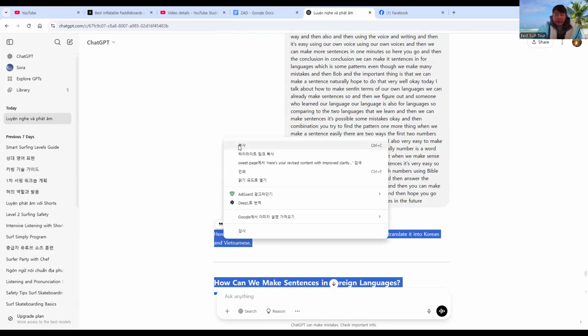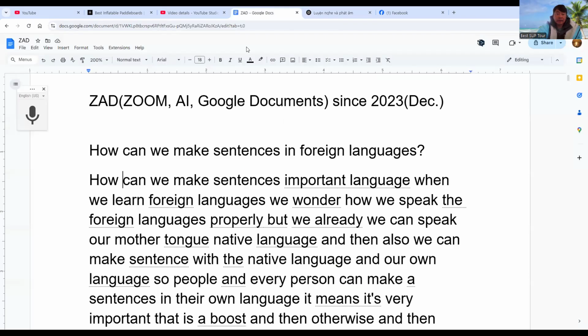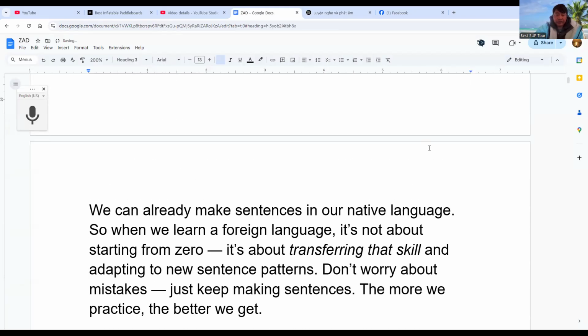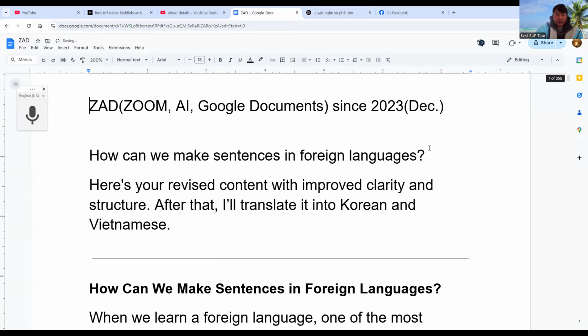Now I can copy this with my contents, and then paste, and then see what AI reports about my story.